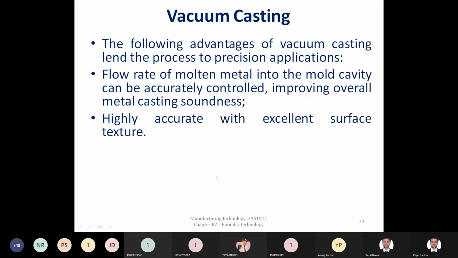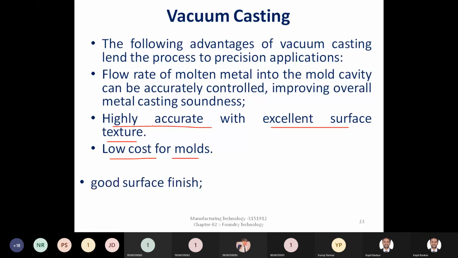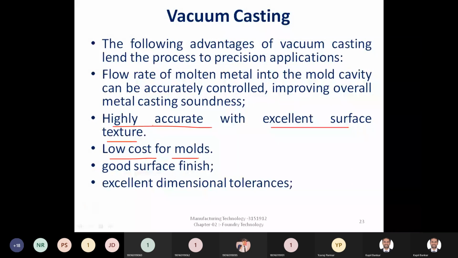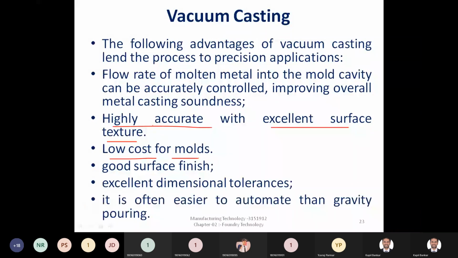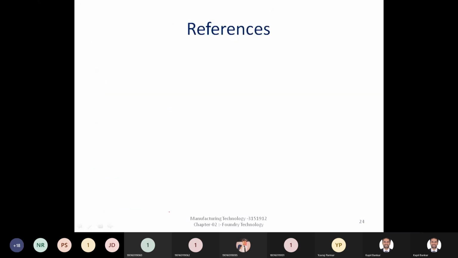Here we achieve high accuracy with excellent surface texture or surface finish. Low cost mold, good surface finish, excellent dimensional tolerance, and it is often easier to automate than the gravity process.